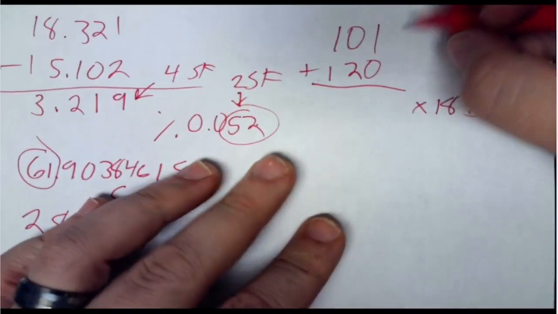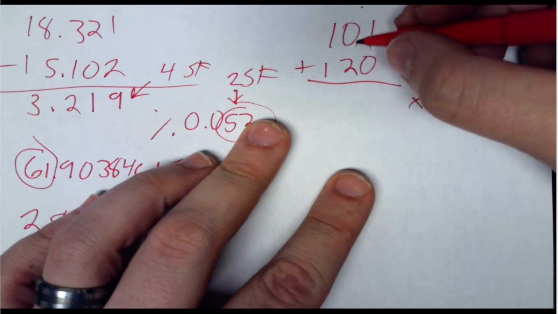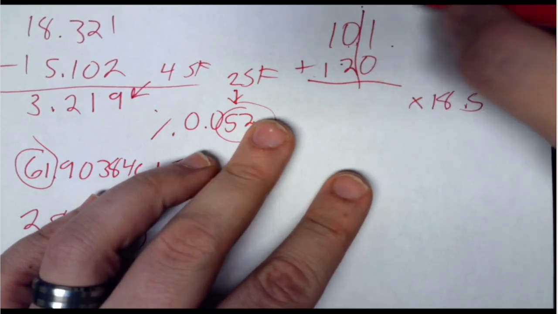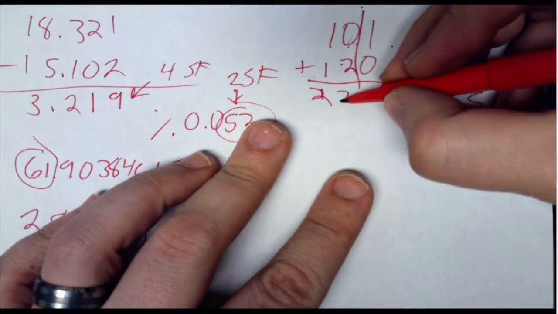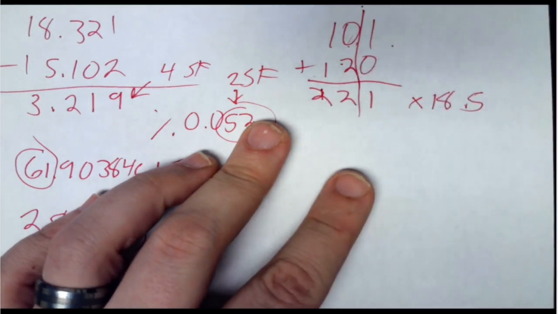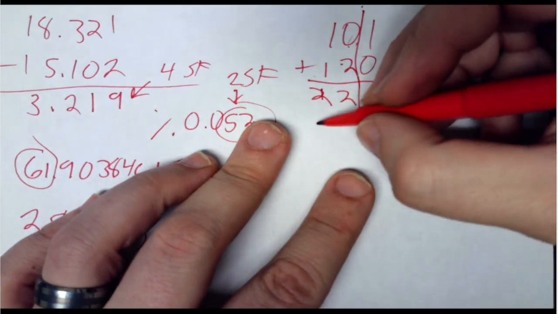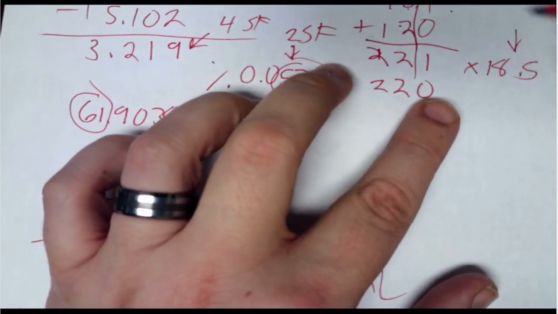Once again, this is 2 sig figs. I know you want to write down 221, but it's really just 220. 2 sig figs, 3 sig figs.